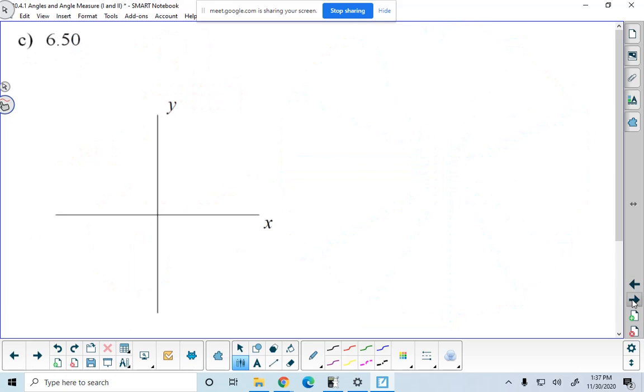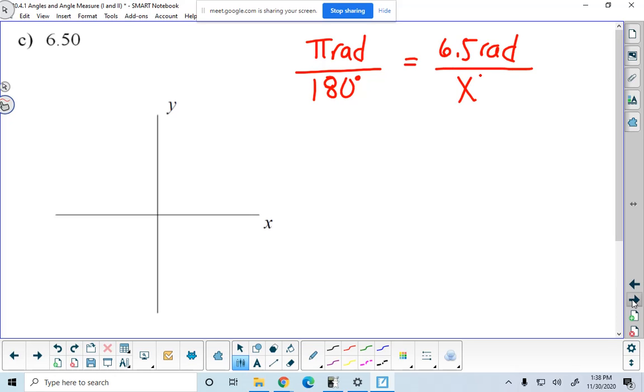Okay, let's do one last one here, 6.5 rads. Well, now we have to use a ratio. This is an angle in radians that does not make reference to pi. So I need to set up a ratio and write pi radians over 180 degrees equals 6.5 radians over x degrees, and I have to cross multiply there.